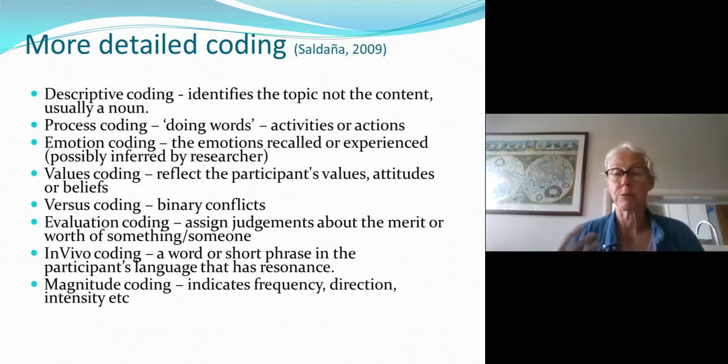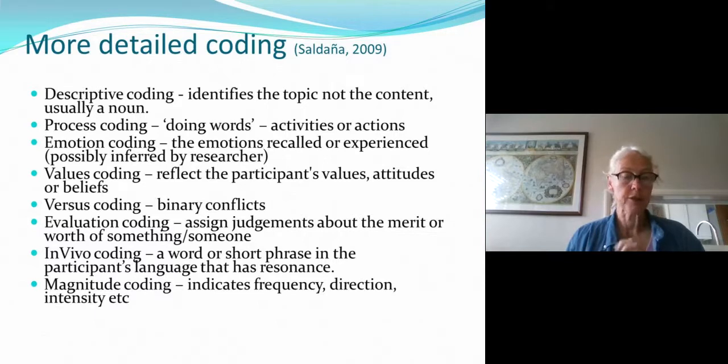They might talk about being particularly excited in terms of their sport participation. Values coding reflects participants' values, attitudes or beliefs. So for instance, in the kind of research I do, people might tell me they're particularly concerned about climate change, or that they try to avoid using the car. That's to do with their values.